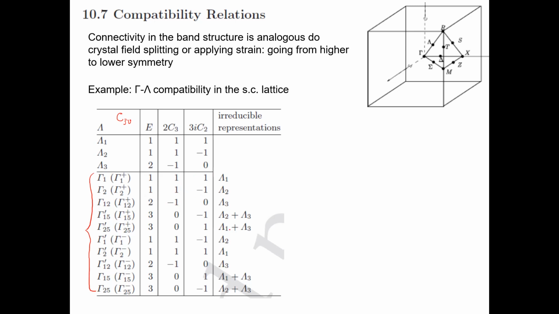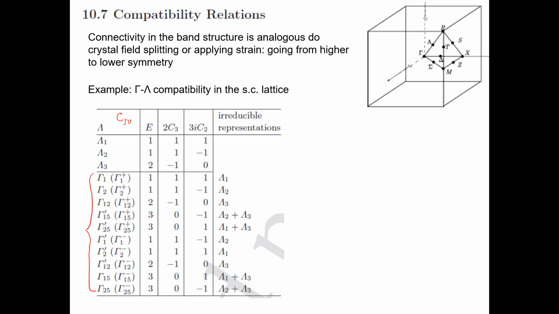Now you decompose it. This is, again, something that we have done many times before. So gamma 1 plus, the totally symmetric representation, goes into lambda 1. And gamma 2 plus goes into lambda 2. Gamma 12 plus goes into lambda 3.